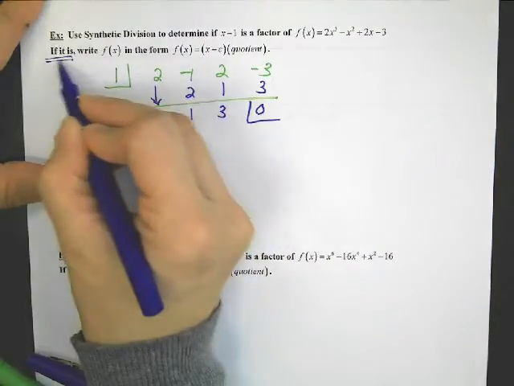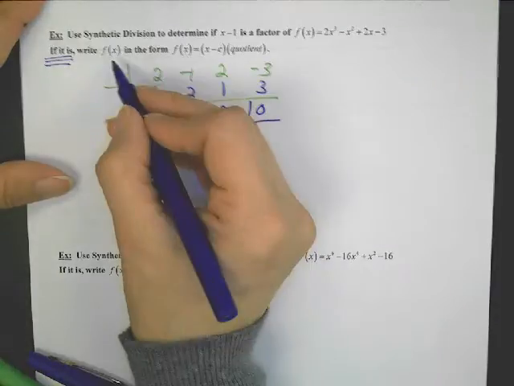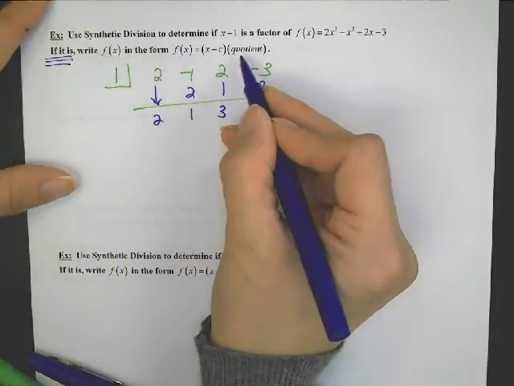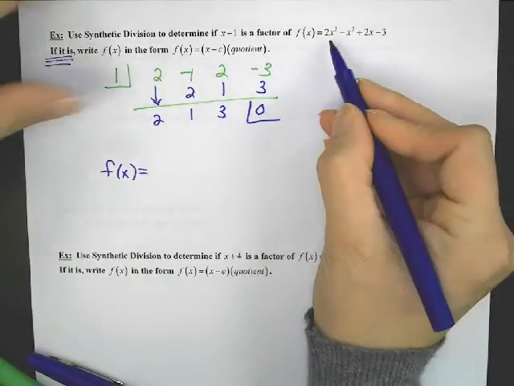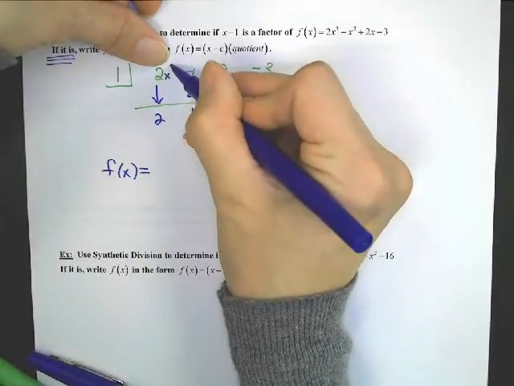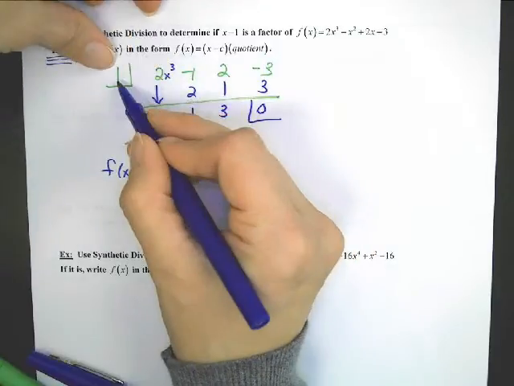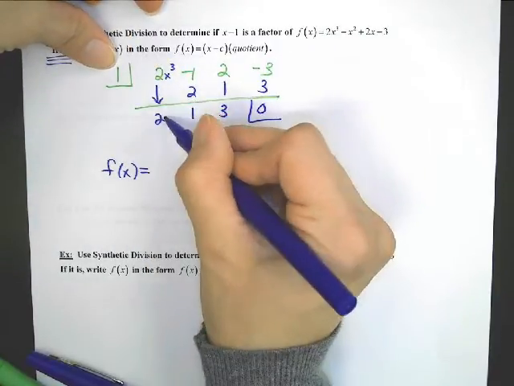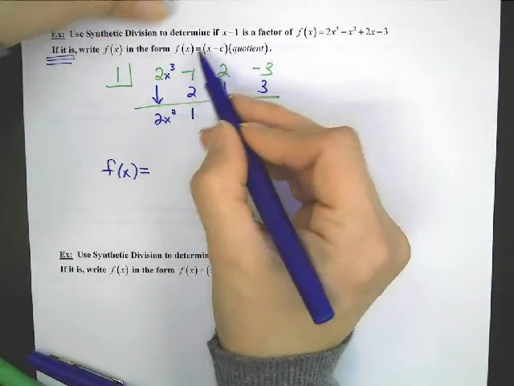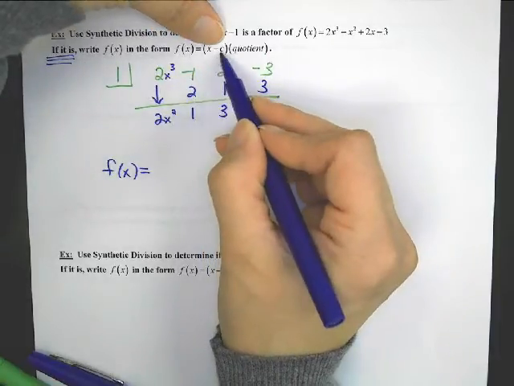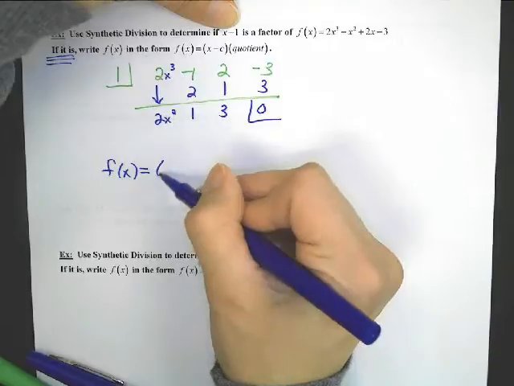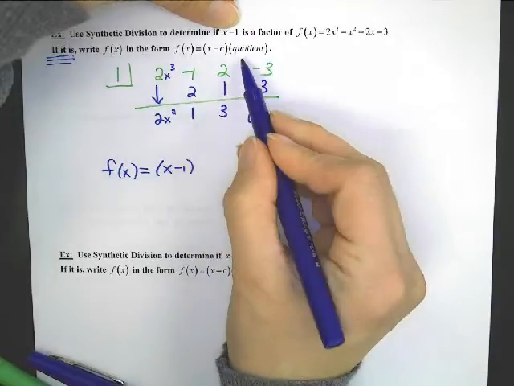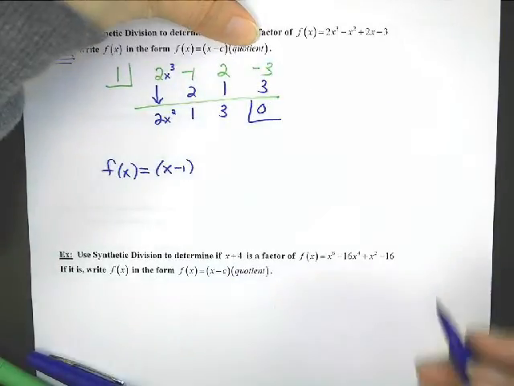Okay, if it is, write f of x in this form. So f of x equals, this used to be x to the third. I divided out a single power of x, so this is x squared. Look what they say here. They want me to write x minus c. They want me to write the factor. They want me to write down x minus 1. And then they want me to write down the quotient.